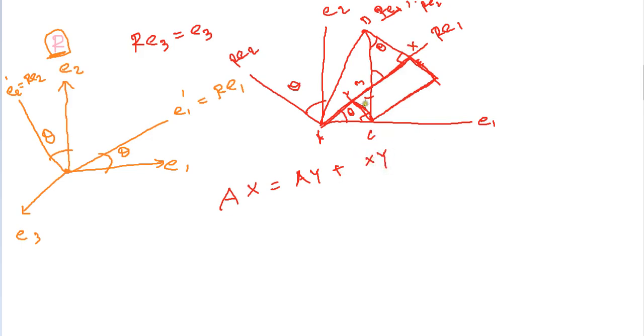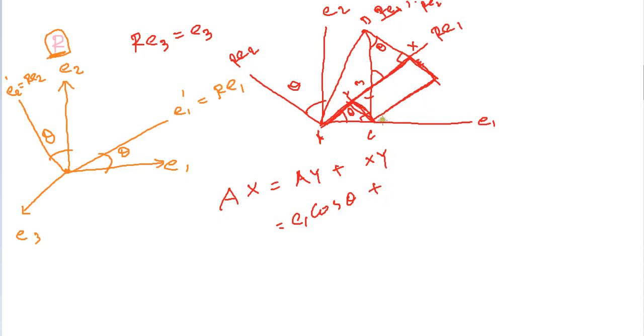So what is the ay? Ay is nothing but e1 cos theta, right? Because here the e1, right, and this is the 90 degree angle, so this is the base, right? So this amount ay is equal to this amount e1 and this theta. So e1 cos theta plus what is the xy?